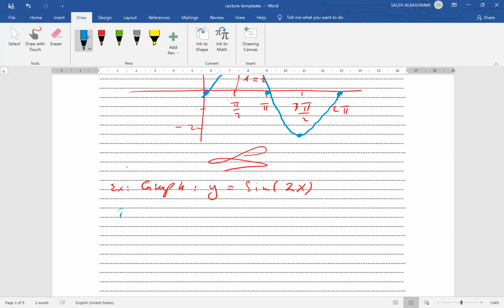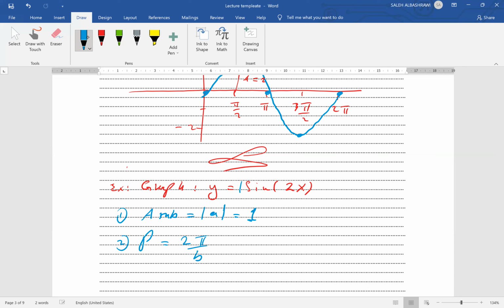So number 1, let's find the amplitude. Amplitude is the absolute value of A, but we don't have a coefficient term, which means A is equal to 1. So this will be the absolute value of 1, which is equal to 1. The amplitude is 1.